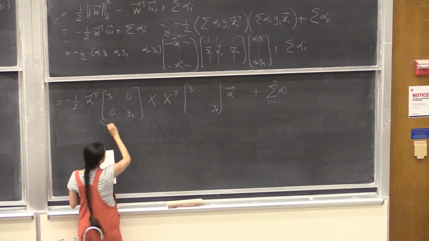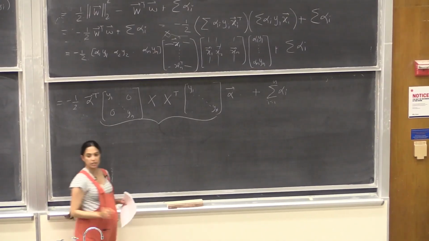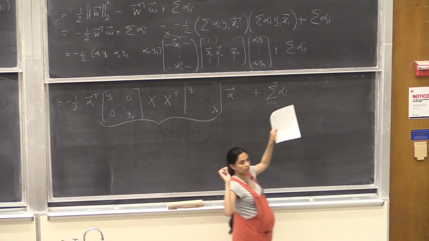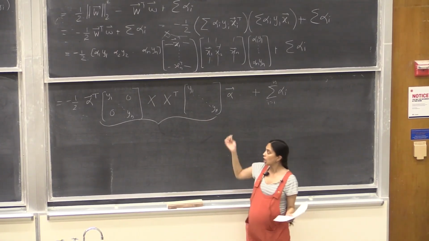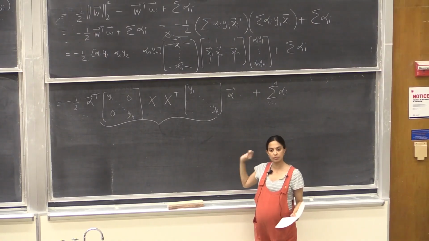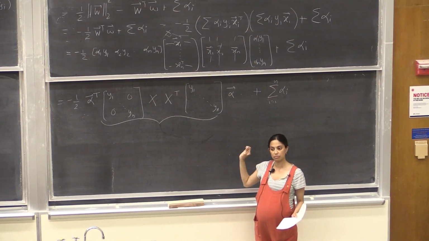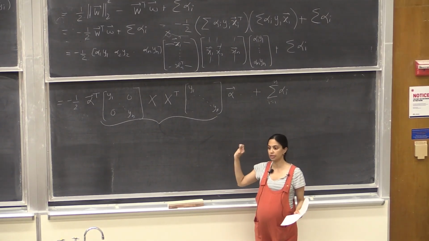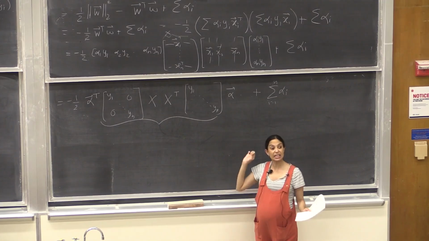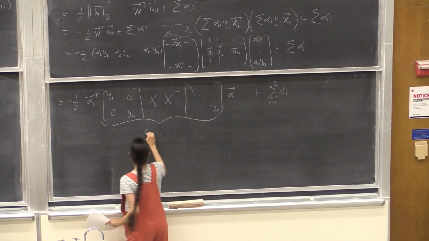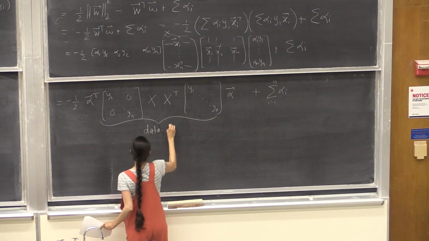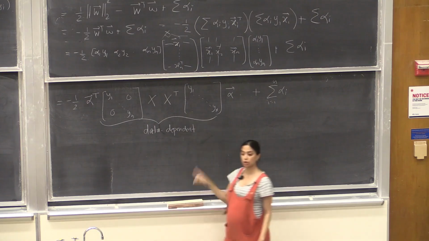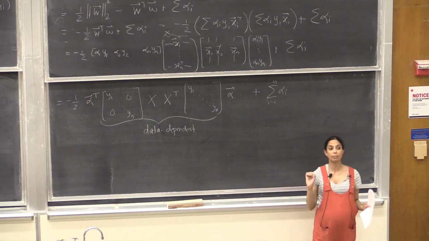This matrix, let's look at it. What does this matrix depend on? This is matrix times matrix times matrix times matrix, which gives me another matrix. Are there any primal variables in there? Are there any dual variables in there? This is entirely data dependent, right? So I can compute this product just by looking at my data.